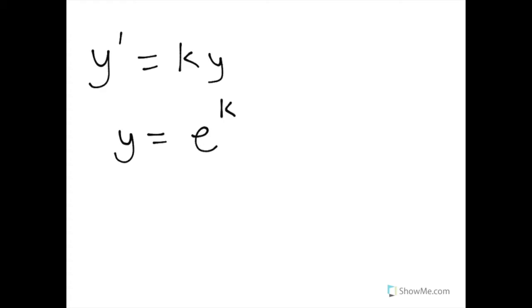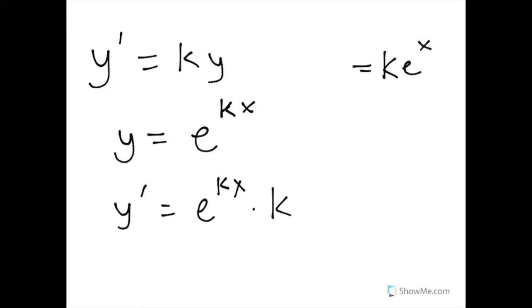If we have a k up in the exponent with the x, then when we take the derivative, we need y prime equal to e to the kx times k, because you need the derivative of the inside. And now when you replace a y, you get k e to the x on the right side, and when you plug in for y prime, now you get a k e to the kx. Or I should say, on the right side, it's not actually an e to the x, it's an e to the kx, because that's what y was.